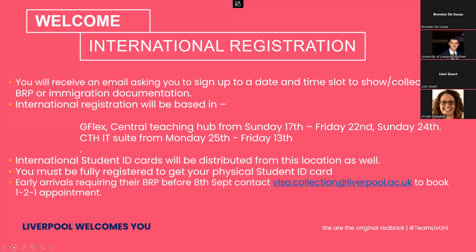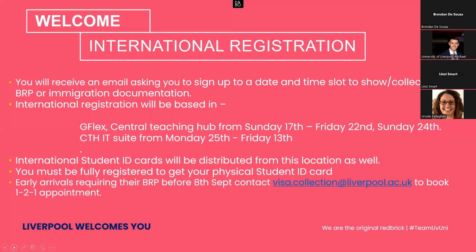You will have done all the submission of your personal details and all those documents. The next step is ultimately for you to complete your international registration. This is where we obtain and take copies of, or deliver, your visa information, so your BRPs.